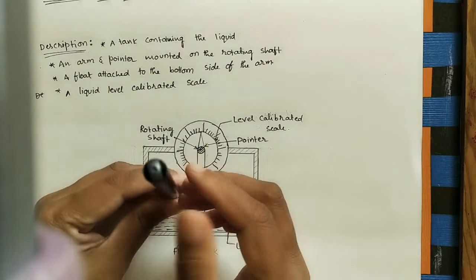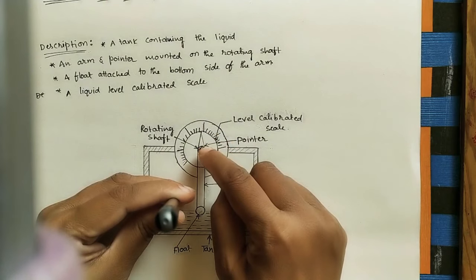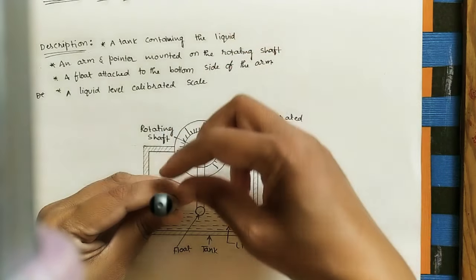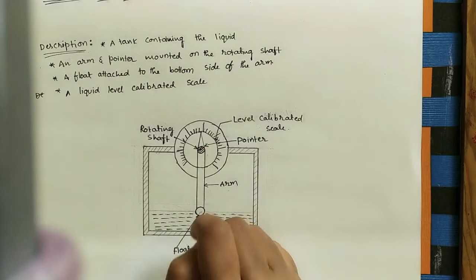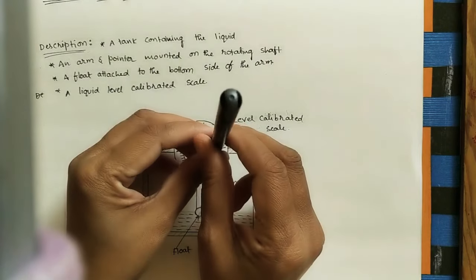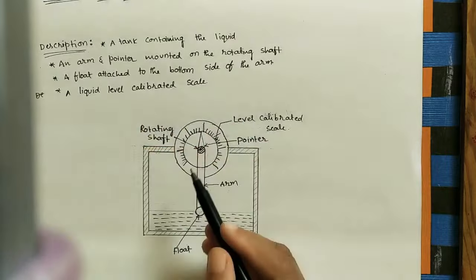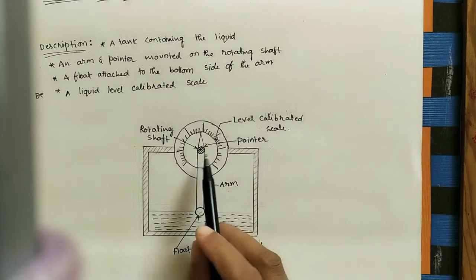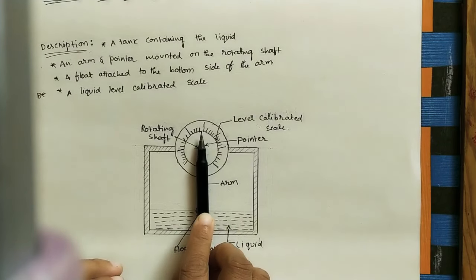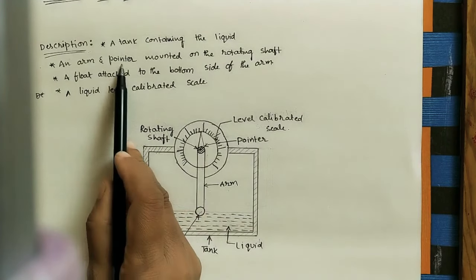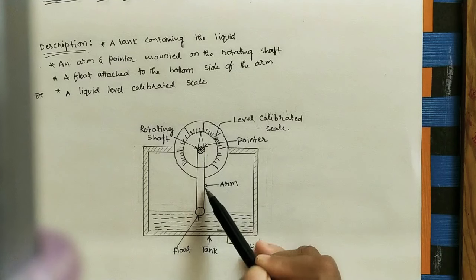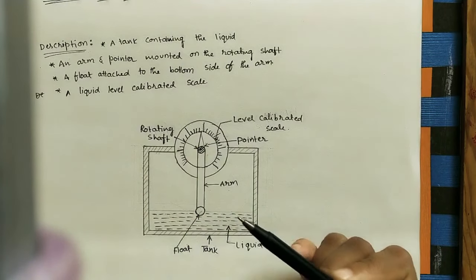So this pointer is connected to the arm with the help of the shaft. When the shaft is rotating in any direction, this pointer will also move. This arm will also move accordingly. So this is the second part, an arm and the pointer.